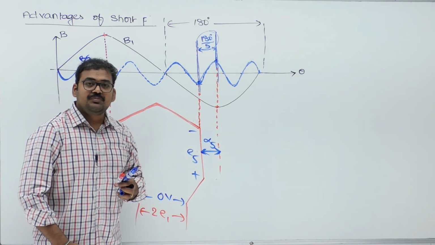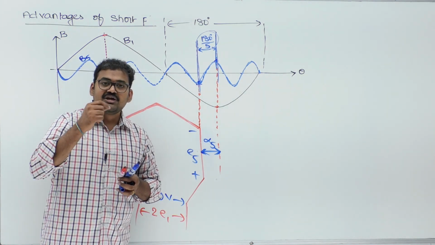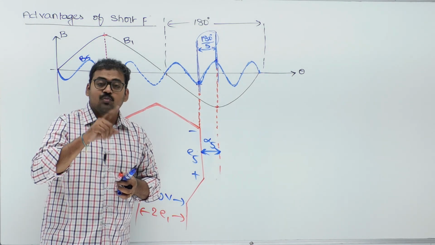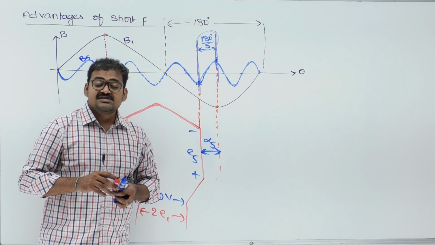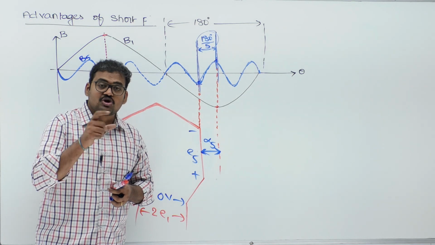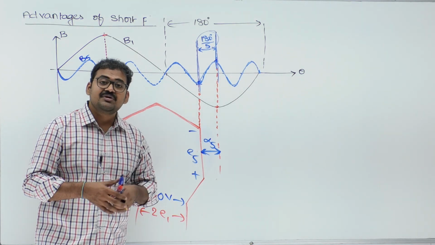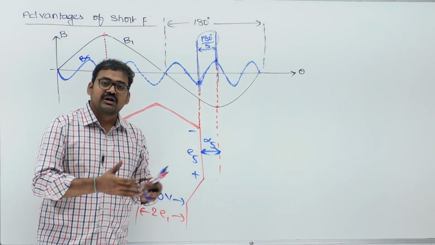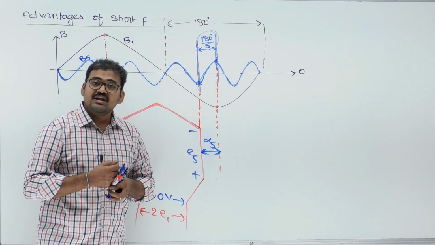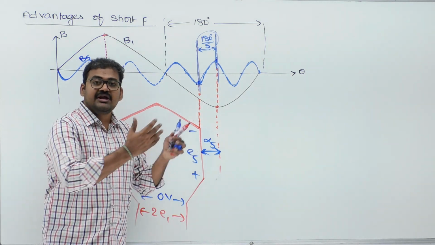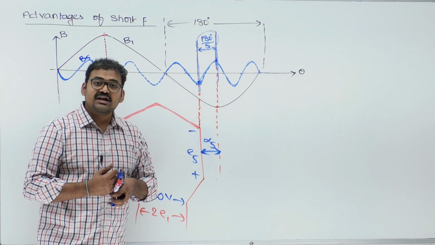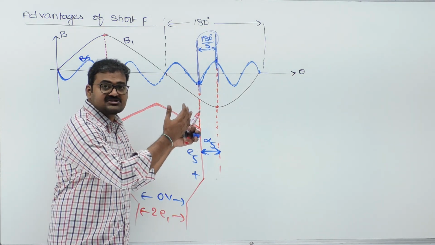So, how much short pitch angle do we have to use to eliminate fifth harmonic voltage? 180 degrees by 5. Similarly, if I ask you how much short pitch angle is required to eliminate seventh harmonic voltage? 180 degrees by 7. To eliminate ninth harmonic voltage, 180 degrees by 9. To eliminate 11th harmonic voltage, 180 degrees by 11.